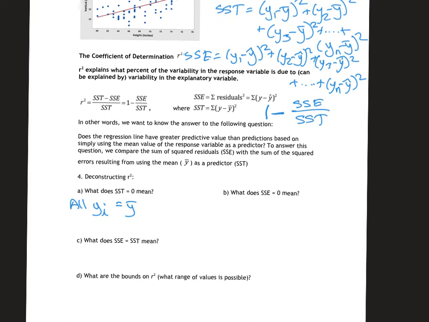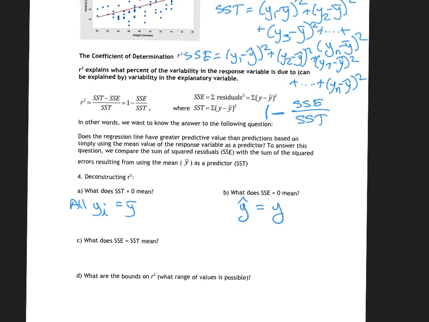Unlikely. What about SSE equaling 0? That means that all values of the response variable are perfectly predicted by the least squared regression line. All the predicted values equal the actual values. Again, very unlikely.